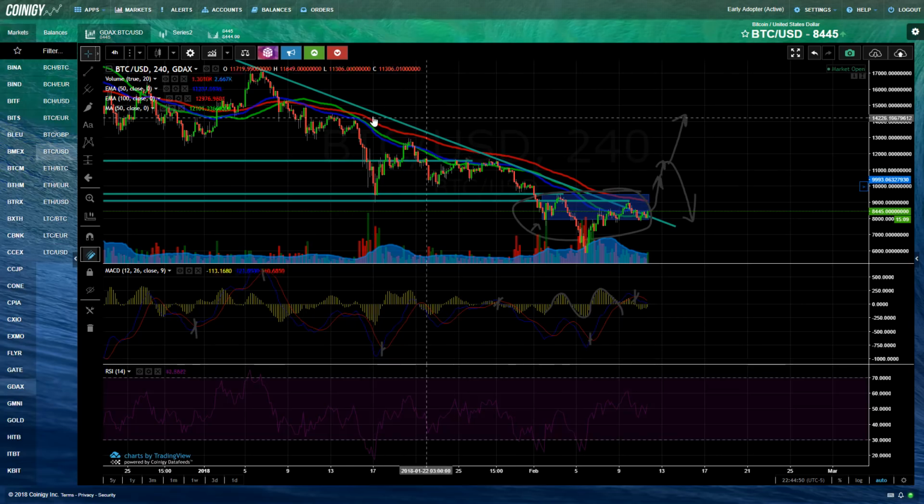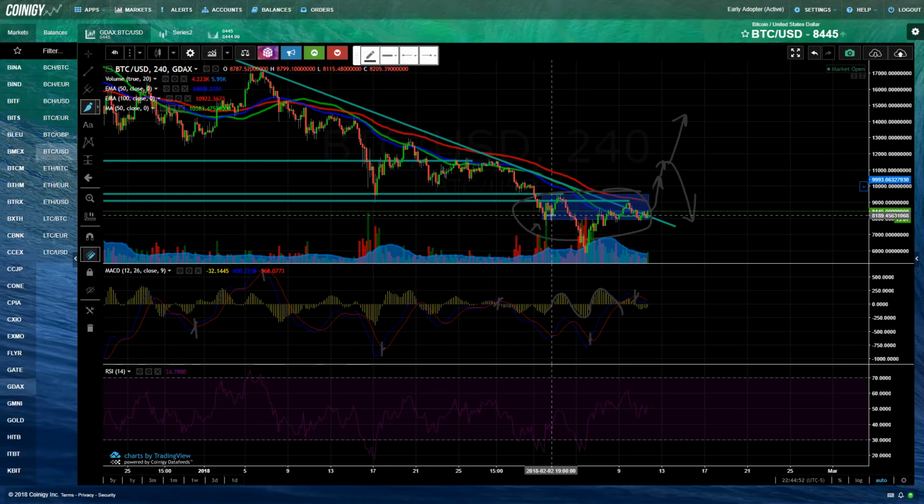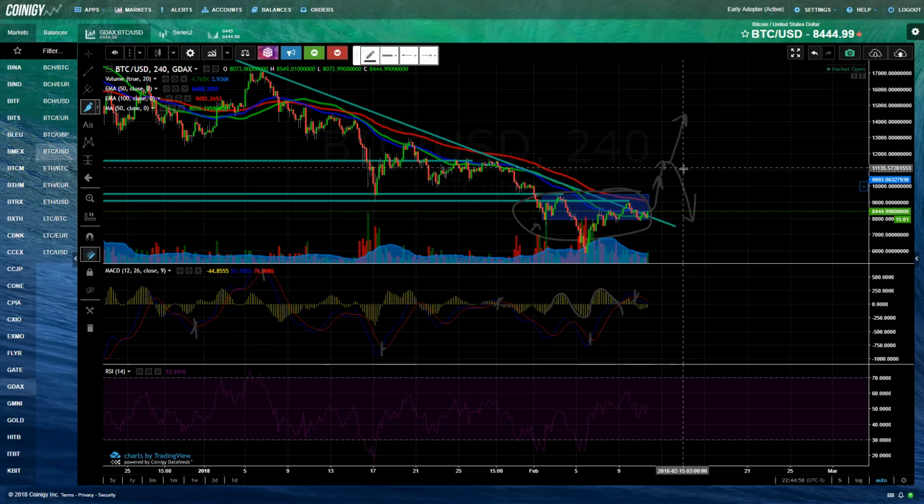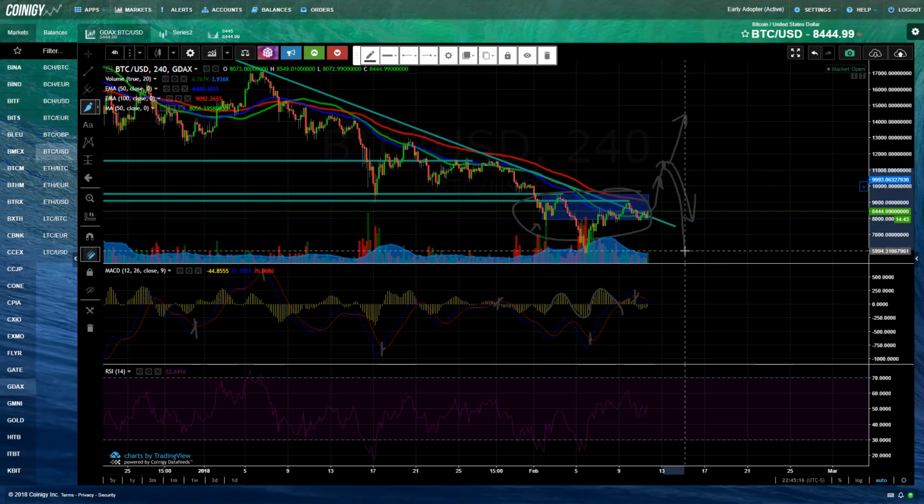We have so much resistance to break through and so little buyer support that to get up there we really would need some miracle. And honestly guys, if we do make it into the 11,000 range, we're going to see a huge sell-off and most likely a drop-off. And probably the higher we can actually make it, the further down we are going to come when we come down.